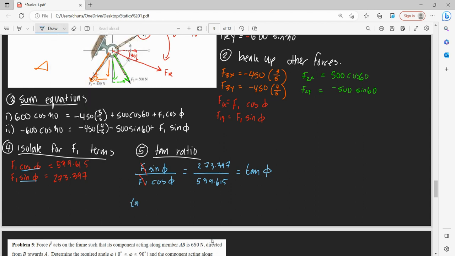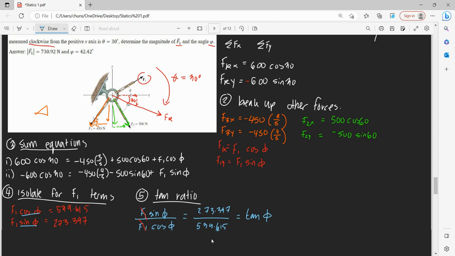So I know that tan phi is equal to 0.50665. And then when we take tan inverse, we know that our phi will be 26.869 degrees. Let's just check our answer.